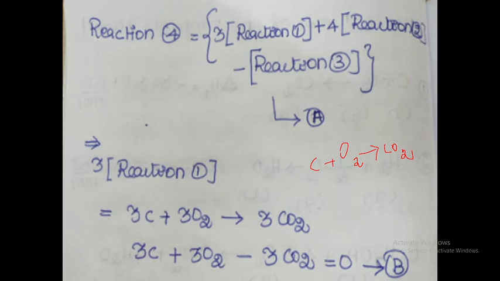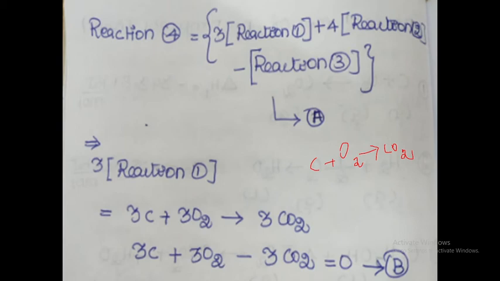Okay. So this is equation number capital A. From equation A, we want 3 into reaction number 1, 4 into reaction number 2, then reaction number 3. One by one we will discuss. First, 3 into reaction number 1. Which one is the first reaction?